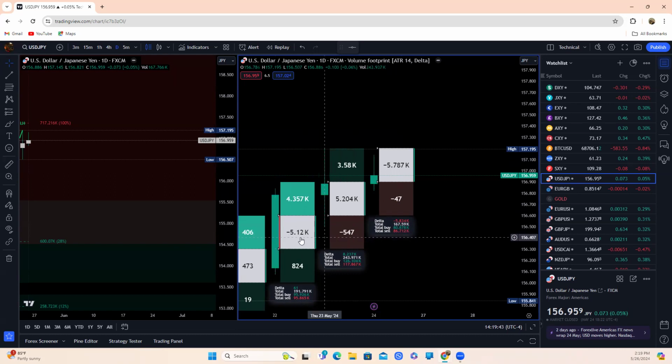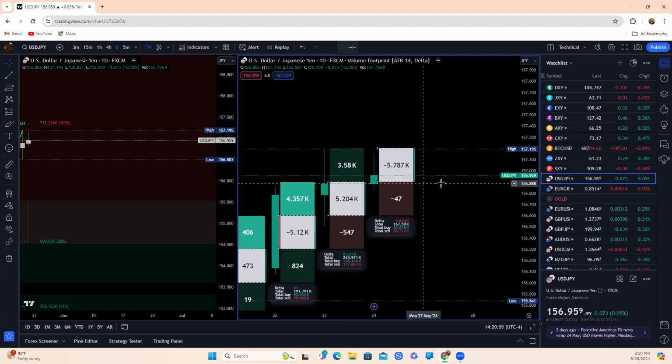And that's, again, coming off of 5.12K negative delta. So when we get down here, we're looking at negative delta already. So your high delta points are already starting to be mitigated, and those orders have already been triggered and filled, right?